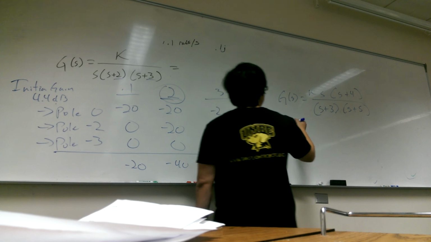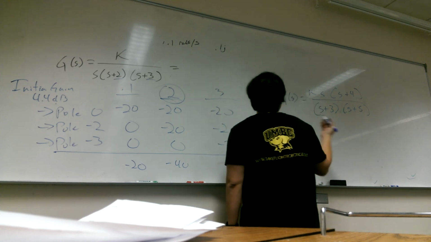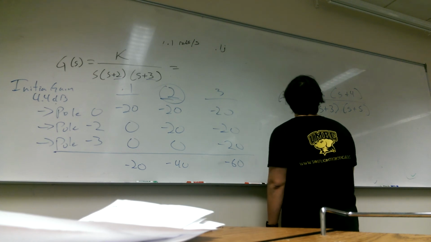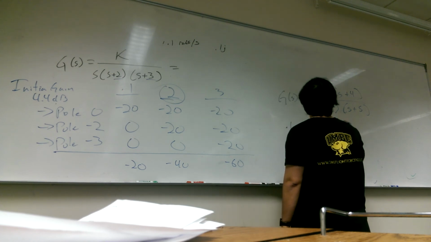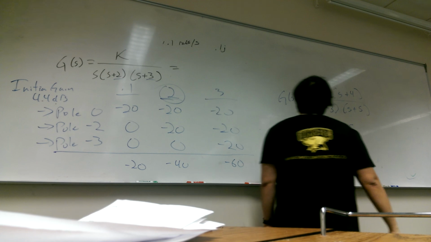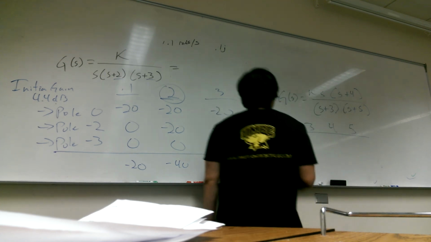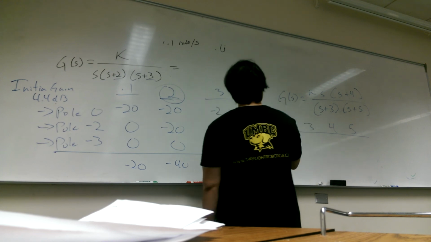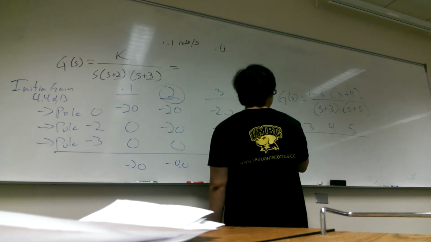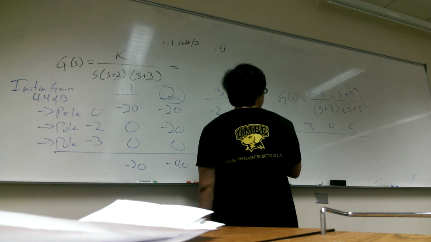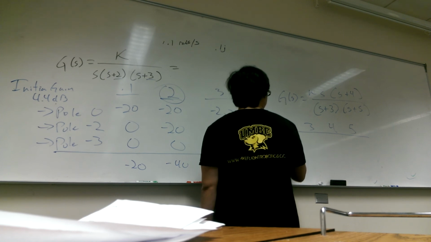In this case, let's pretend our graph starts at 0.1, and then we're going to have 3, and 4, and 5. So we have a 0 at 0. We have a pole at 3.